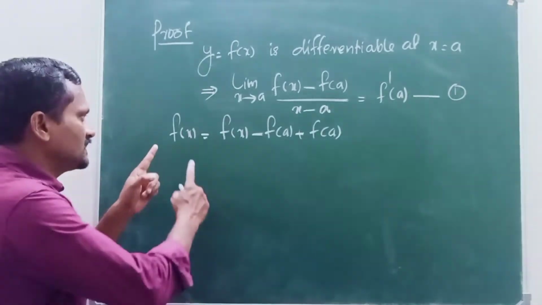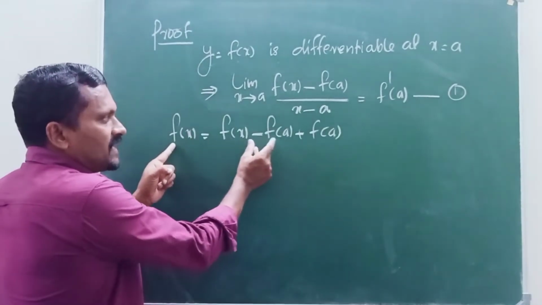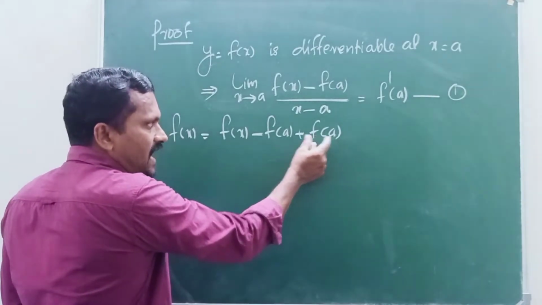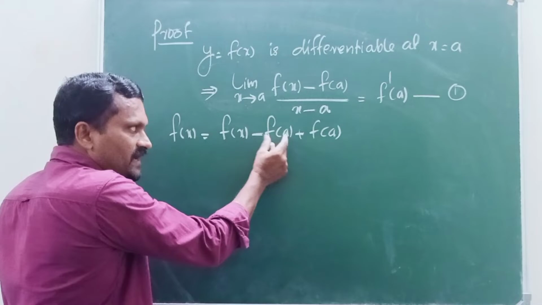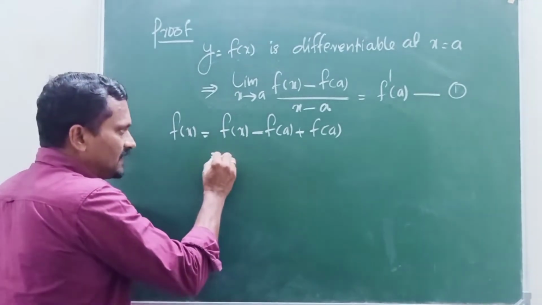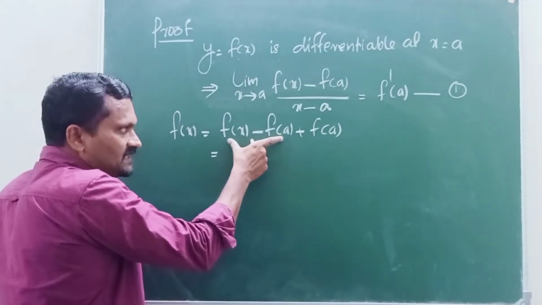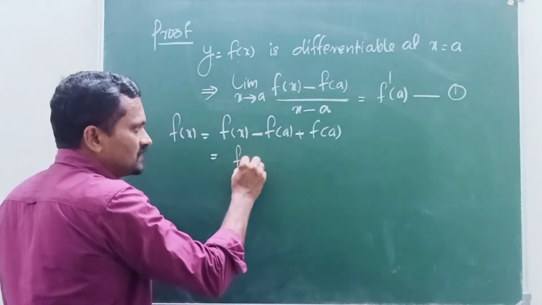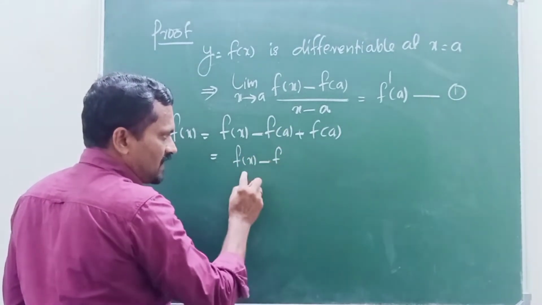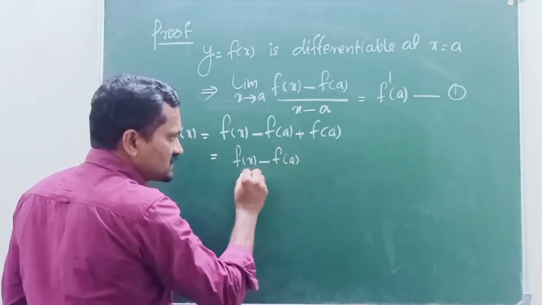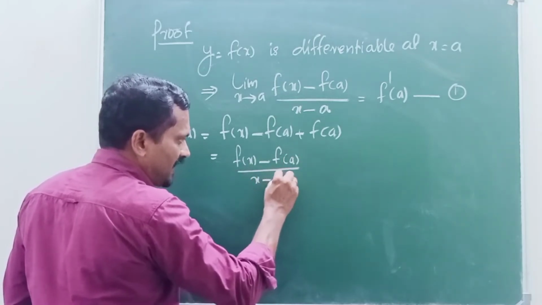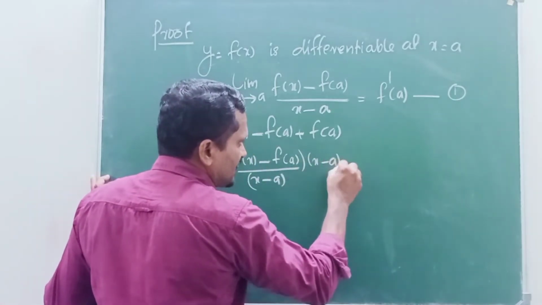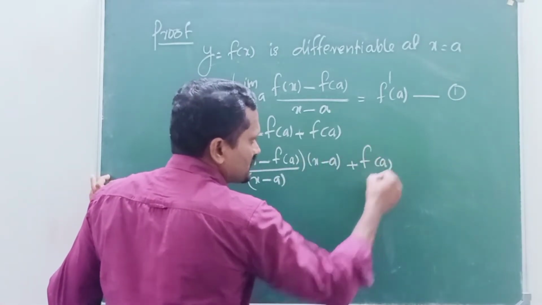Now we take the function f of x as f of x minus f of a plus f of a. We add and subtract the same value f of a. Then divide the first term by x minus a and multiply by the same number. Then we can write it as (f of x minus f of a) divided by (x minus a) into (x minus a) plus f of a.